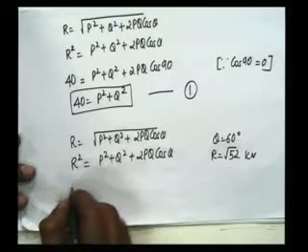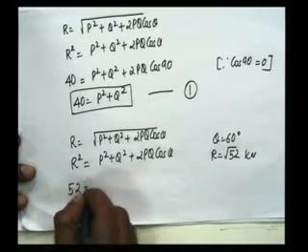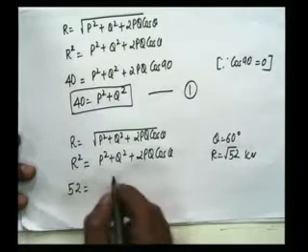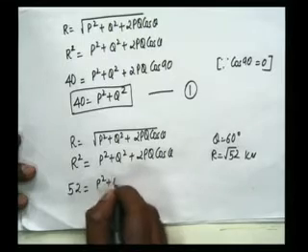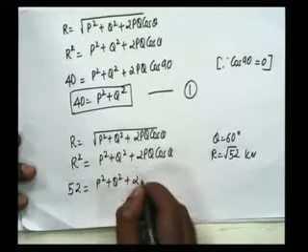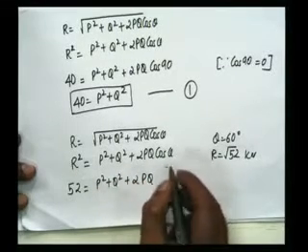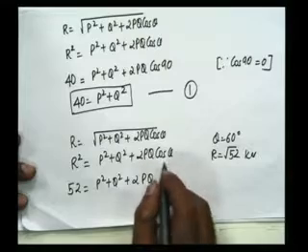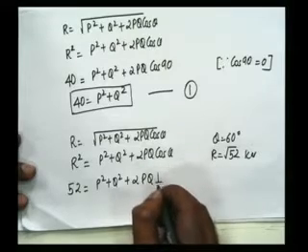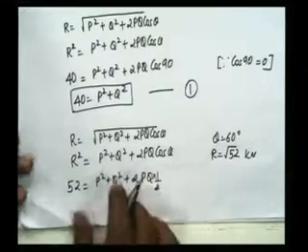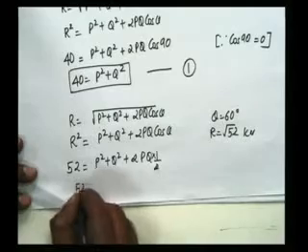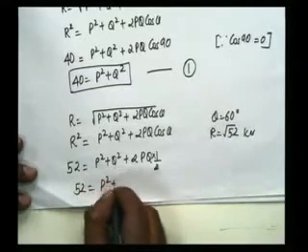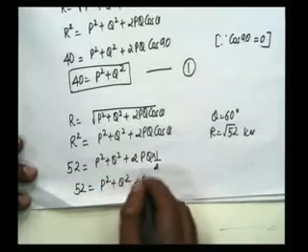So, on substituting the value, R square will be equal to 52. That would be equal to P square plus Q square plus 2PQ cos theta, for theta is equals to 60 degree, therefore cos theta will be equal to 1 by 2. This 2 will cancel out. So, our equation will be 52 is equals to P square plus Q square plus PQ.